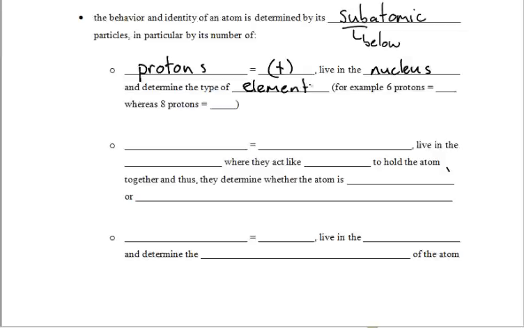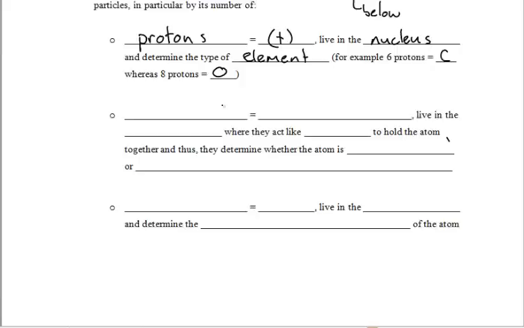For example, if you have 6 protons, you would be a carbon atom, whereas if you had 8 protons, you would be an oxygen atom.